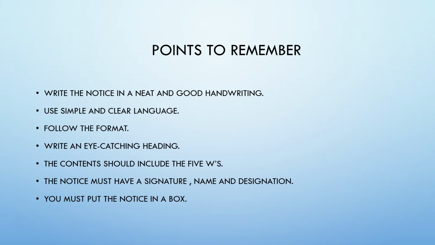The first is what it is. Second, when, that is the date, the month, and the year. Then you have where. Where means the venue, the place where this is going to be organized.